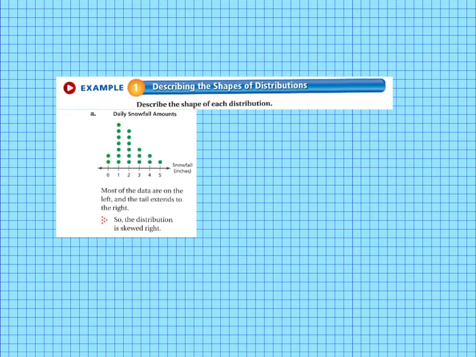Now we're going to take a look at example 1A. We're describing the shapes of distributions, and it says describe the shape of each distribution. So I just have one on the page for you right now.